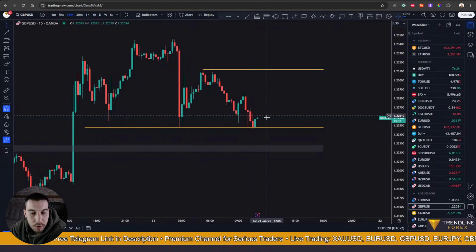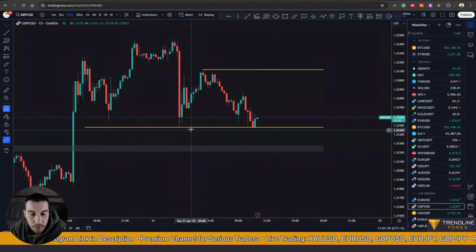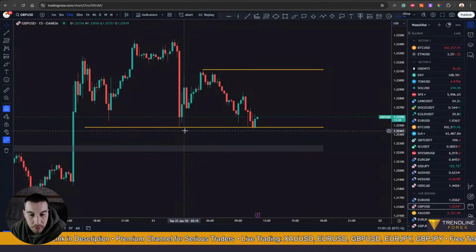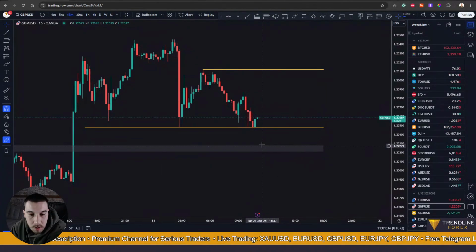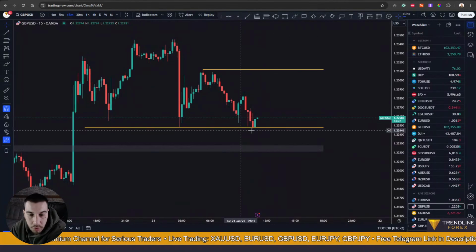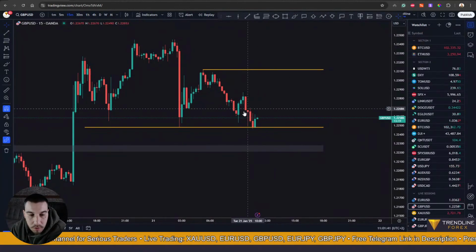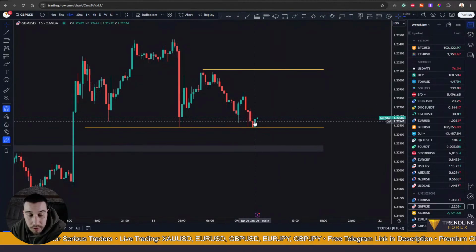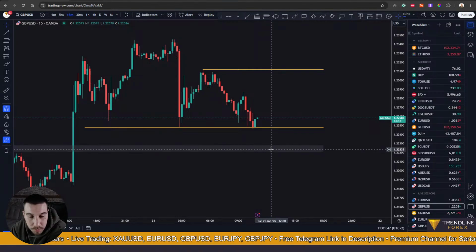Yeah, I still think we're going to push below this support that we're currently trading at here on pound dollar. Because right now I don't have an entry. This is just price action that I do not want to work with. So I want to see price pushing lower.